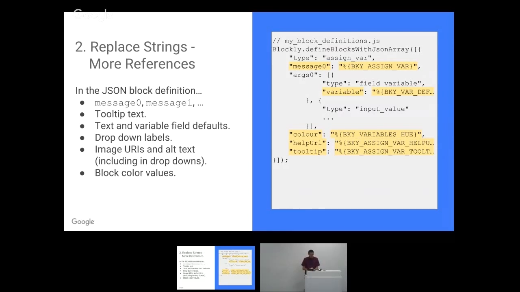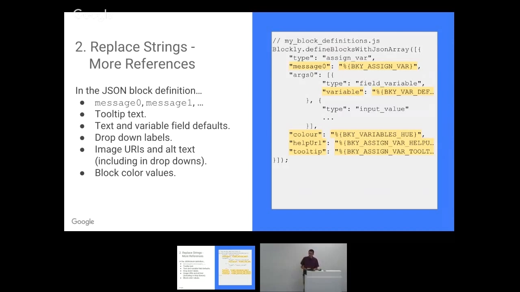And this is more than just the messages. In the JSON definitions, this can be used all over the place in block definitions. So yes, we have the message references, but we also have things such as maybe the default field value for variables or text or numbers. Tooltips are something that needs to be localized.